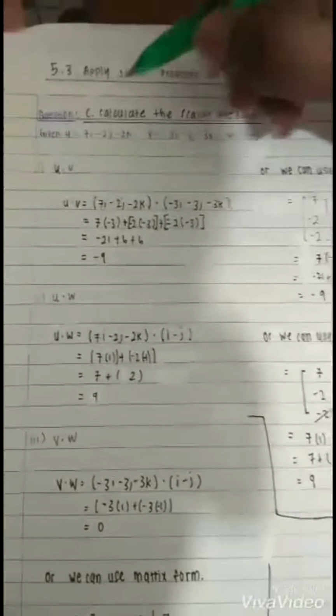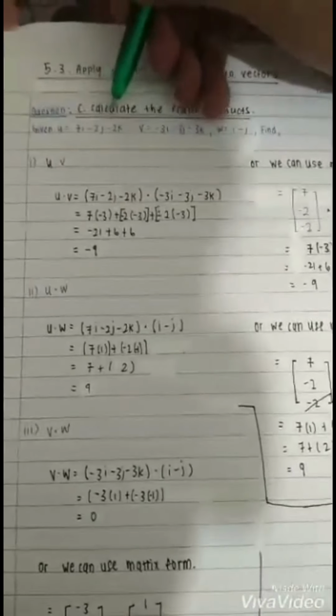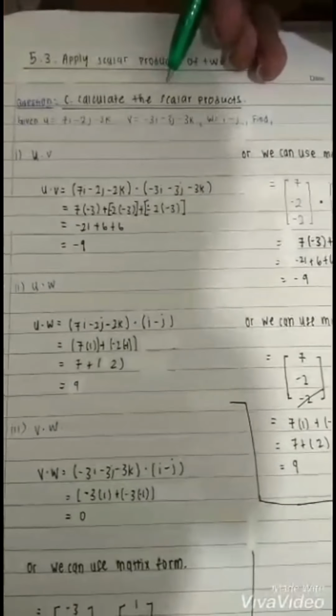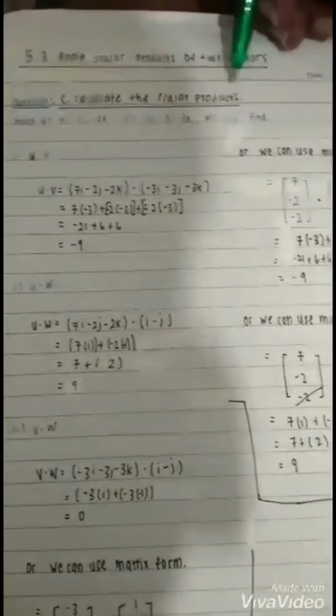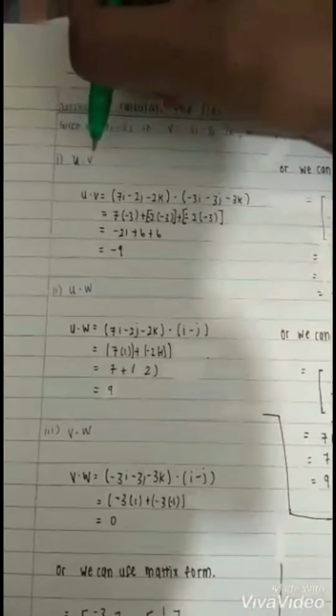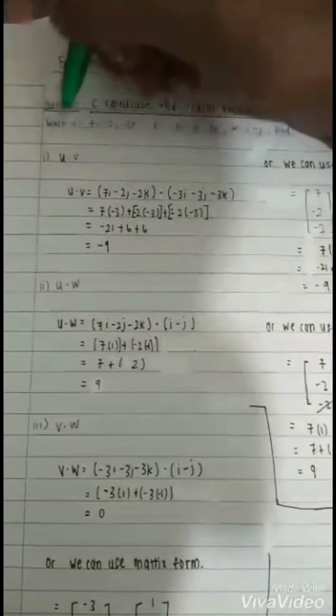Firstly, the question given: u equals 7i minus 2j minus 2k, v equals negative 3i, negative 3j, negative 3k, so find u dot v. The dot refers to multiplication of products.